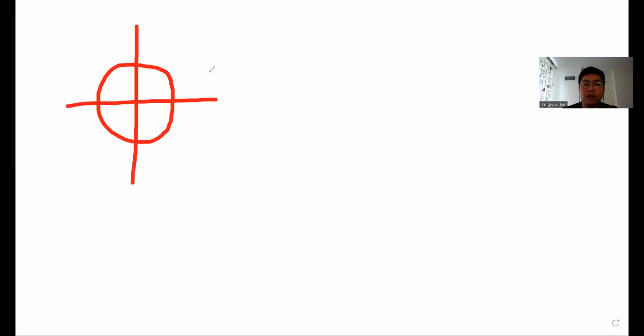So for example, look at it, guys. This is a complex plane. This is a sine or cosine wave, it doesn't matter.